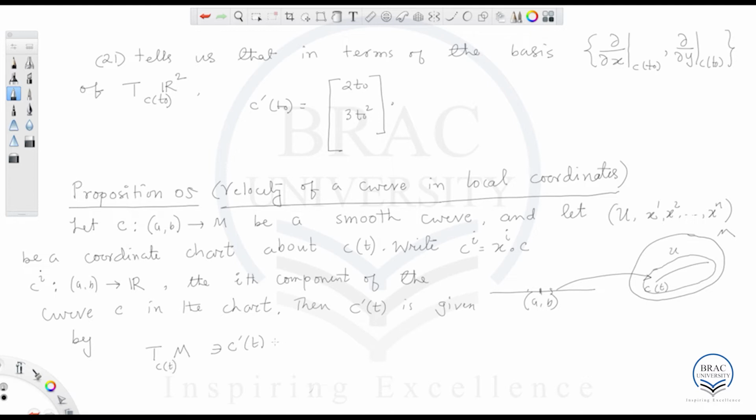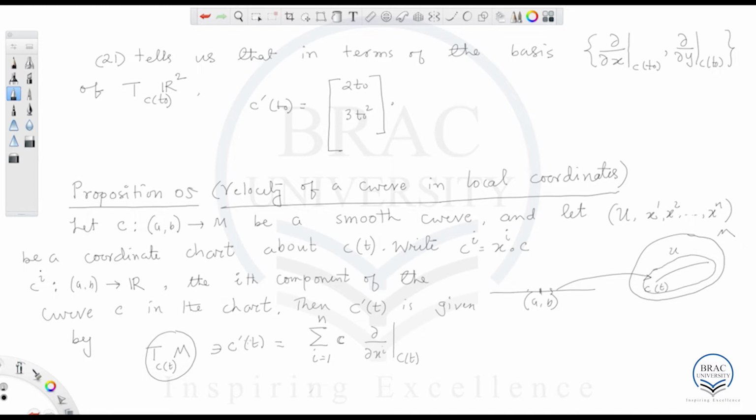And this is equal to, according to this proposition, the sum over all i's, where i runs from 1 to n, and the basis vectors in this tangent space are del xi at C of t.